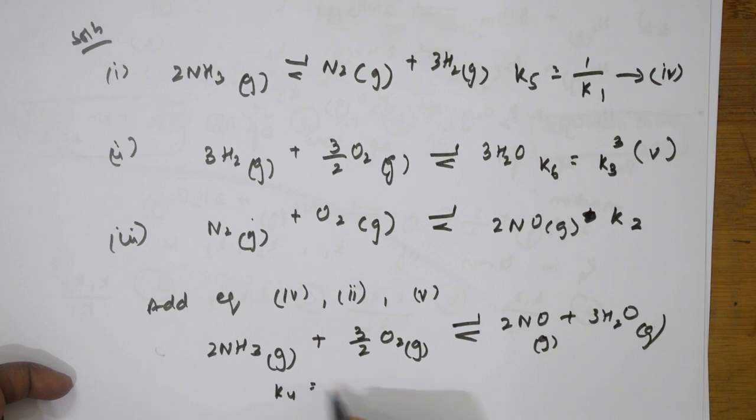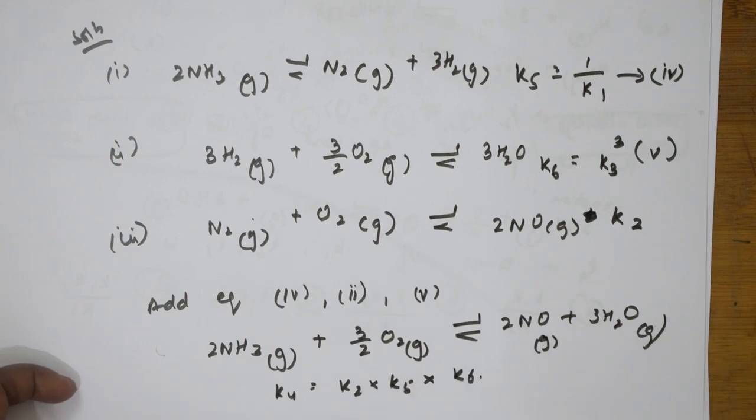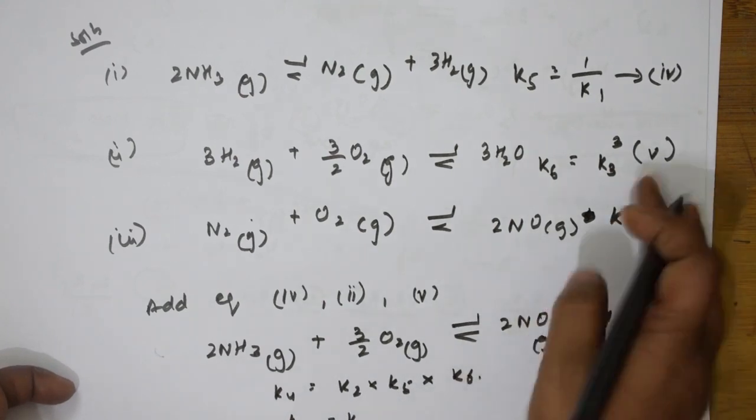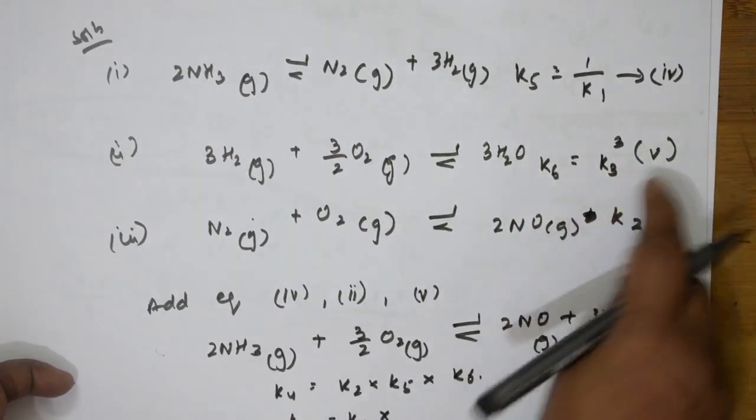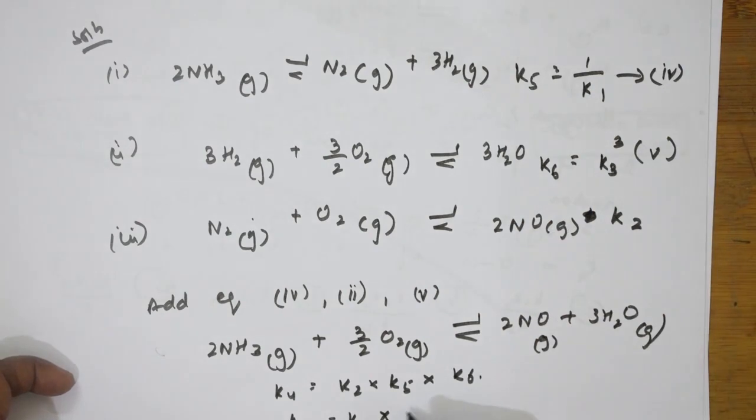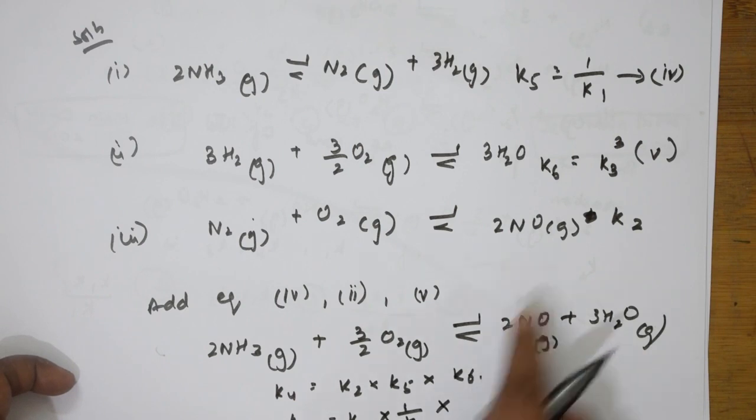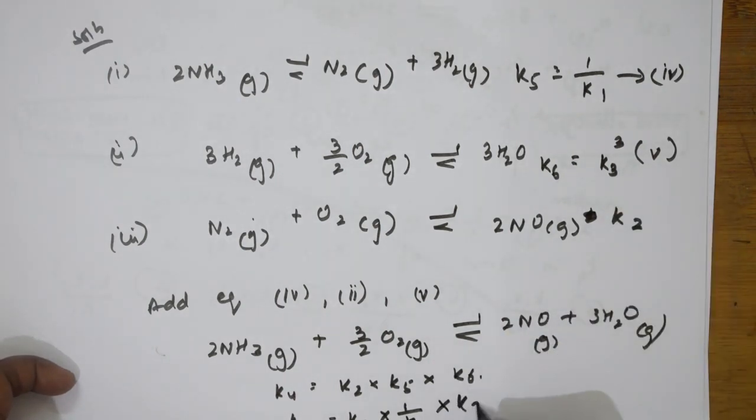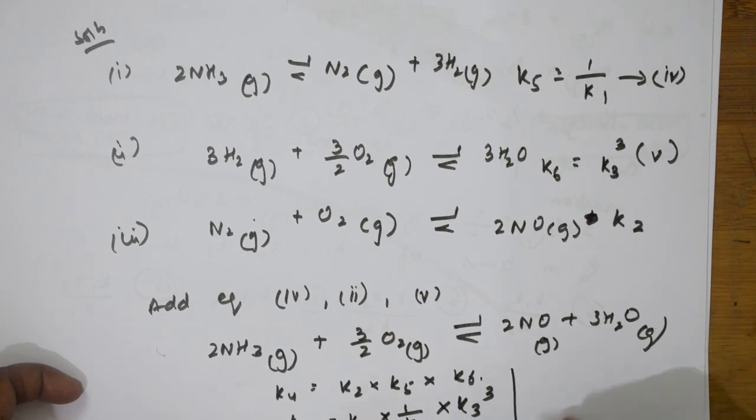Now K4 is equal to K2 into K5 into K6. Now let us put the values of this. K4, when I write in terms of that, K2 was K2 only here. What is K5? Basically it is 1 by K1. What was K6? K6 was K3 to the power of 3. Correct. Now I need to write in terms of K4.